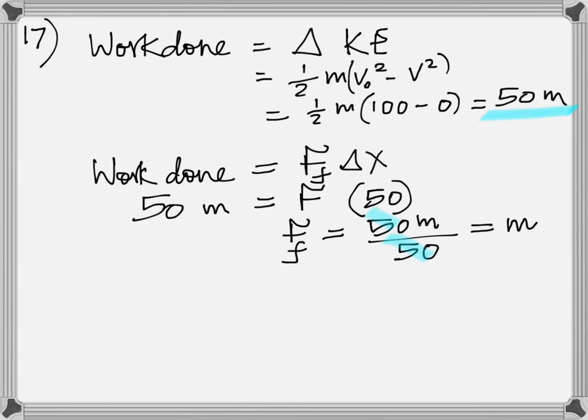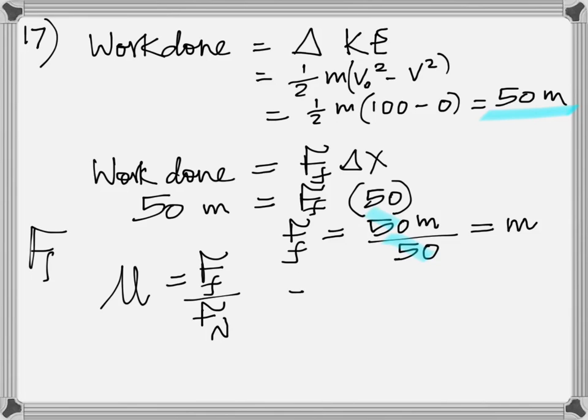Coefficient. What's the formula for coefficient of kinetic friction? Friction is mu times Fn, isn't it? Okay. So friction is mu times Fn. Therefore, mu will be frictional force divided by Fn. I think I need to just write that down for you to see. Friction is given by mu times F times N, isn't it?